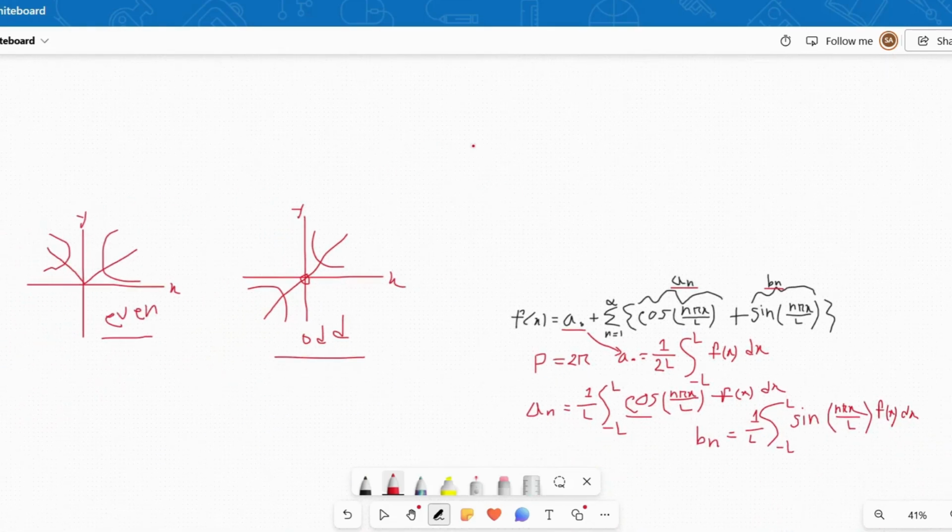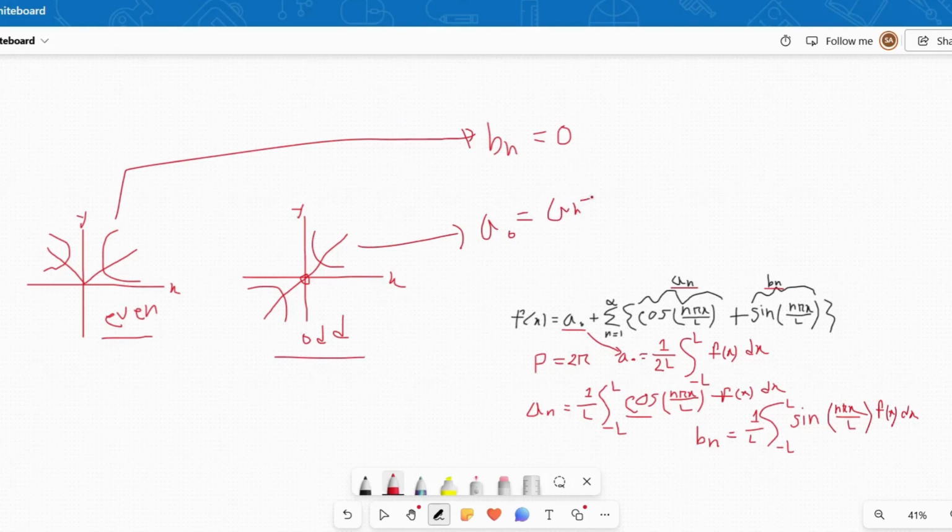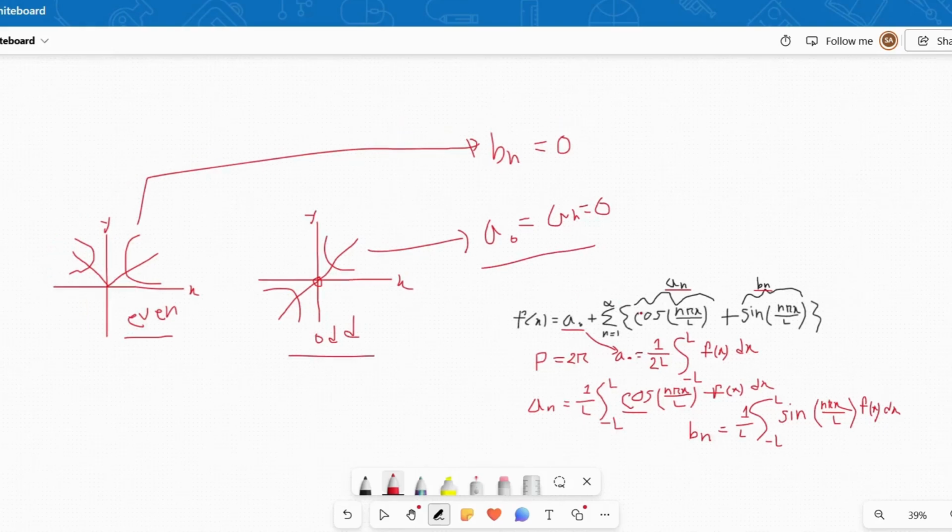Because for an even function, Bn is 0. So for an even function, you do not calculate the value of Bn. And for an odd function, the values of A0 and An are equal to 0.